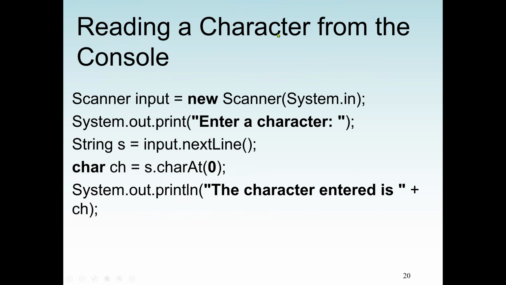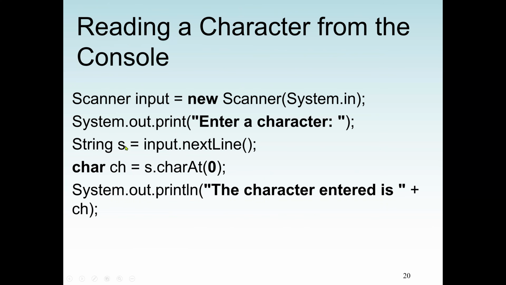Now, reading a character from the console, we use input.nextLine. So here, for example, we create our scanner object. Again, this scanner object, as we said earlier, can be any name. Here we have it as input. We ask the user to enter a character.